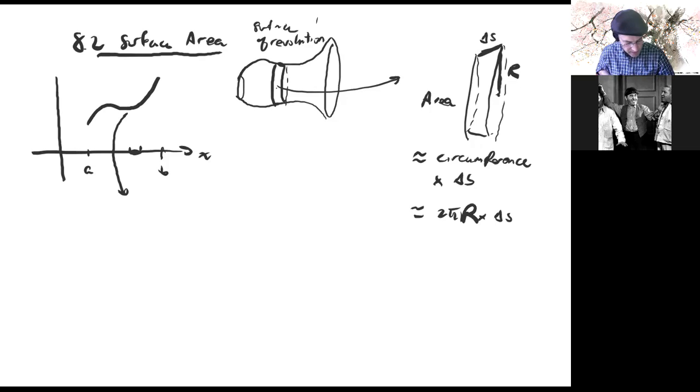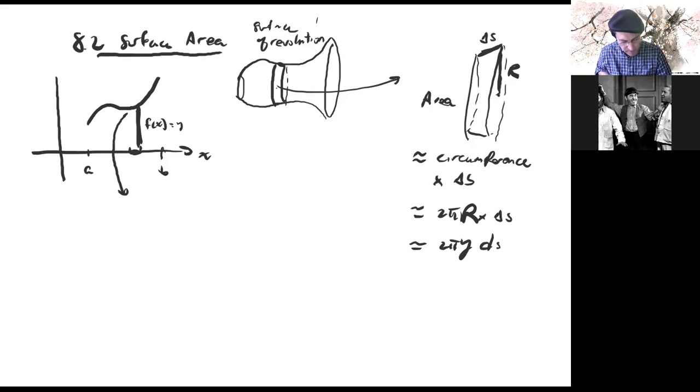R is the height of the curve, so that would be f of x or y. Therefore, this is the same thing as something like 2 pi y ds if delta S is small.